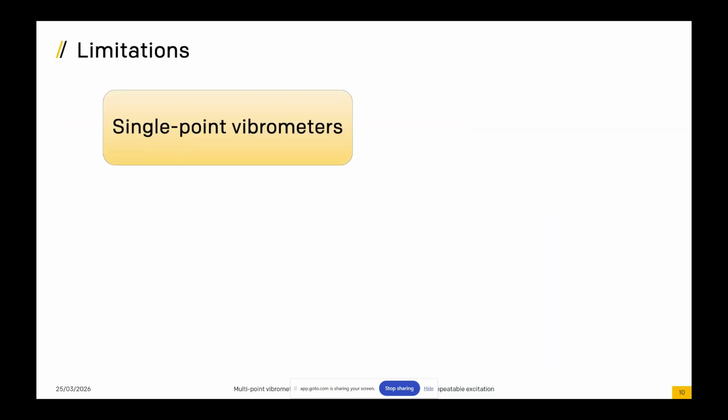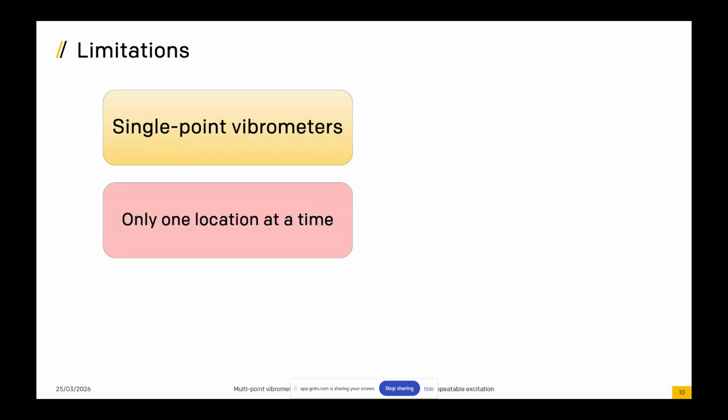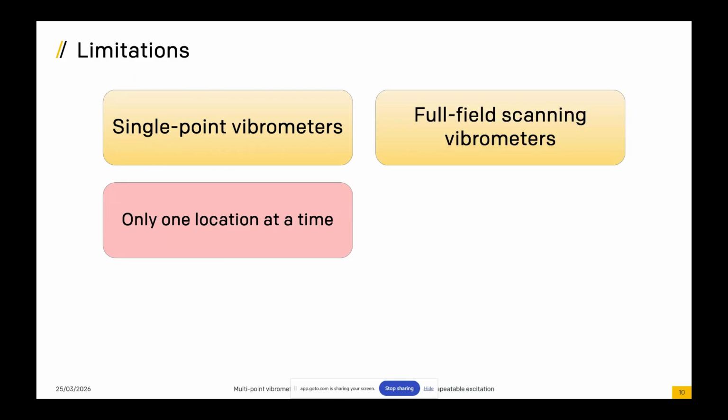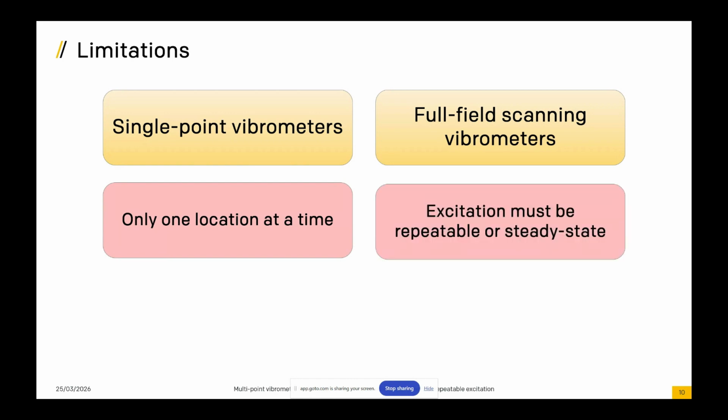Limitations. The limitations for our single point vibrometers are that, of course, by definition, we can only measure one point at a time. So we have to manually choose a point on an object, point the laser there, and that's what we measure. In contrast, the full field scanning vibrometers measure sequentially across a surface, but we have to have a repeatable or steady state excitation.